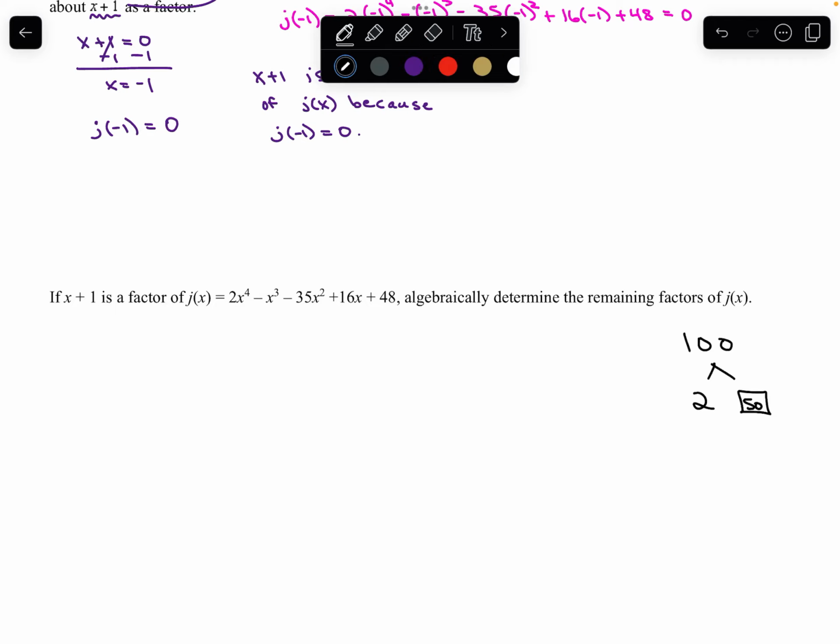And then if you wanted to break 50 down, you would take 50 and divide it by 2 and get 25. And then 25 isn't divisible by 2, but it's divisible by 5. So I could take 25 and divide it by 5, and I would get 5.